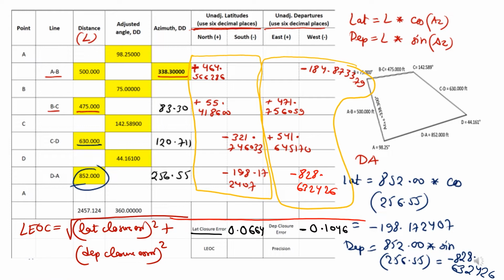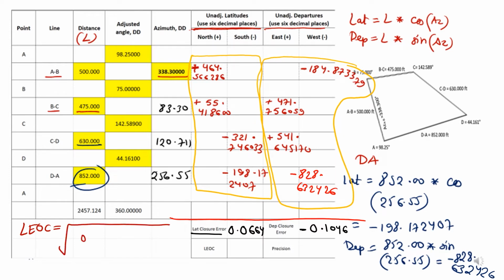Okay, so what you do is you take the square root of 0.0664 square plus 0.1046 the whole square, and that will give you 0.123896, right?